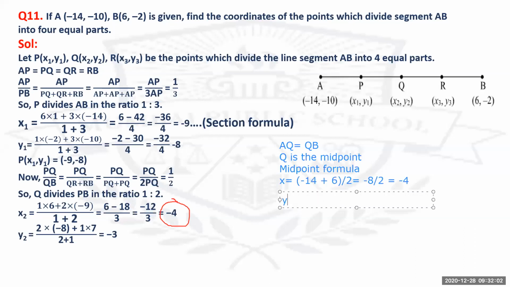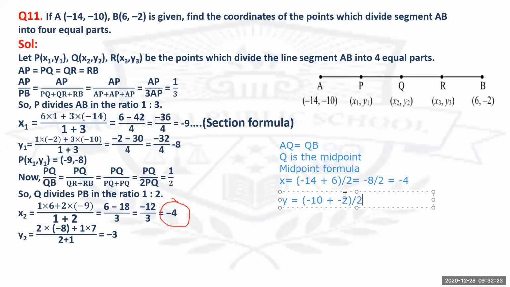I'm going to show it again here. y equals, and when you're going to find the value of y, you'll get minus 10 plus minus 2, and this you're going to divide by 2. Understood? So what will you get?